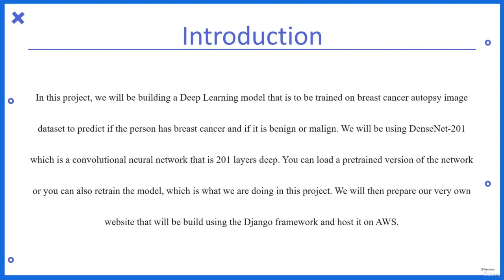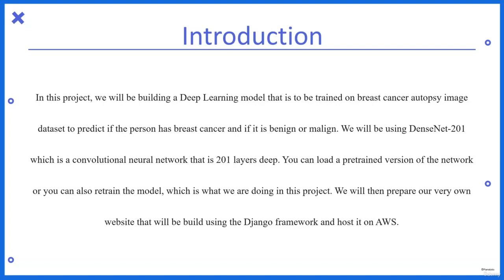So in this project, as I just mentioned, we will be building a deep learning model that is to be trained on breast cancer autopsy image dataset to predict if the person has breast cancer or not. Like exactly, it should be if the cancer is benign or malign. We will be using DenseNet 201, which is a convolutional neural network that is 201 layers deep.